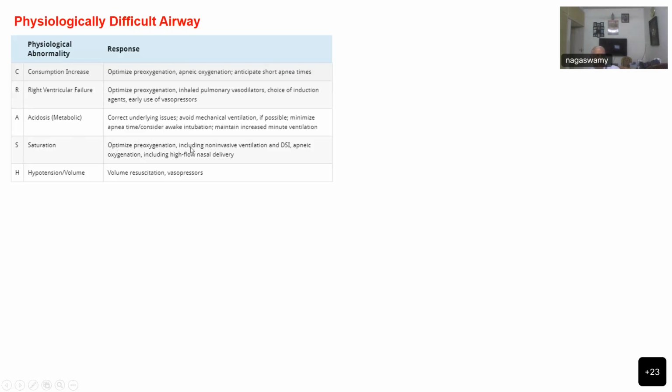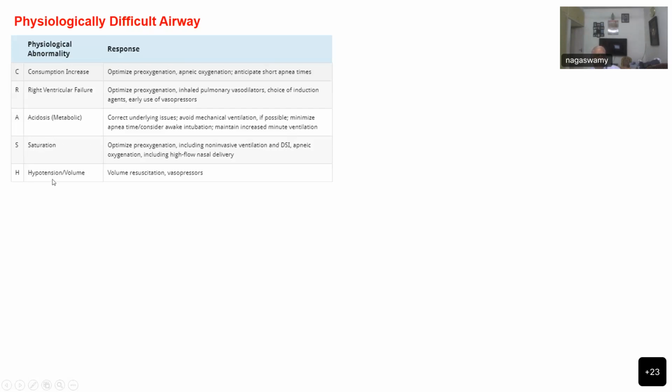So try to pre-oxygenate the patient by all non-invasive methods. And this is where last week I asked about delayed sequence intubation. Instead of rapid sequence intubation, you take time to oxygenate the patient and then go ahead and do the intubation. This is a very, very important thing in managing a patient with low saturation or hypoxemia.